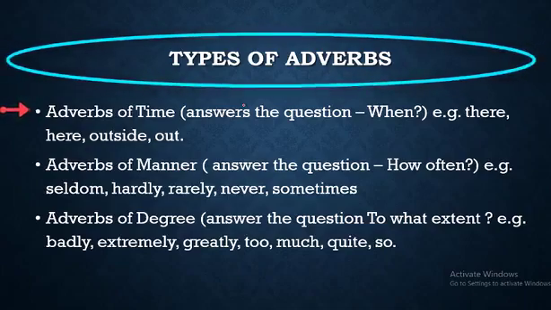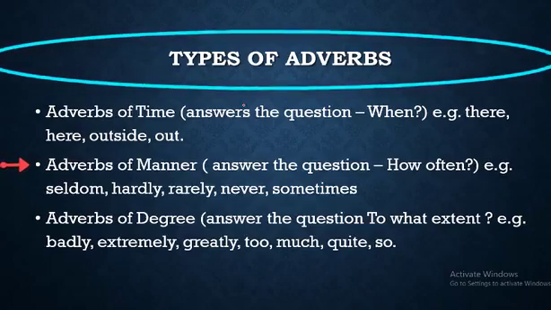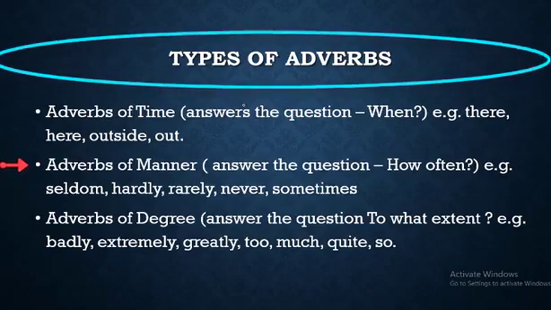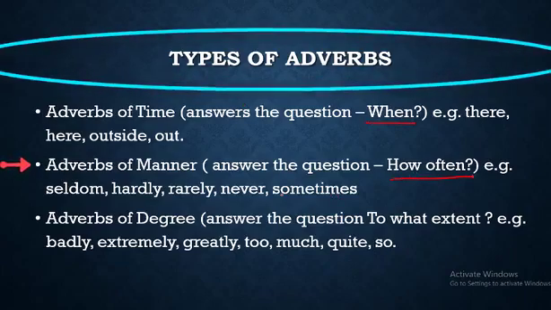Then let's look at another type of adverb. We have adverbs of manner. How do we identify them? We identify them by answering the question, how often? Now, these are words that are used to express adverbs.